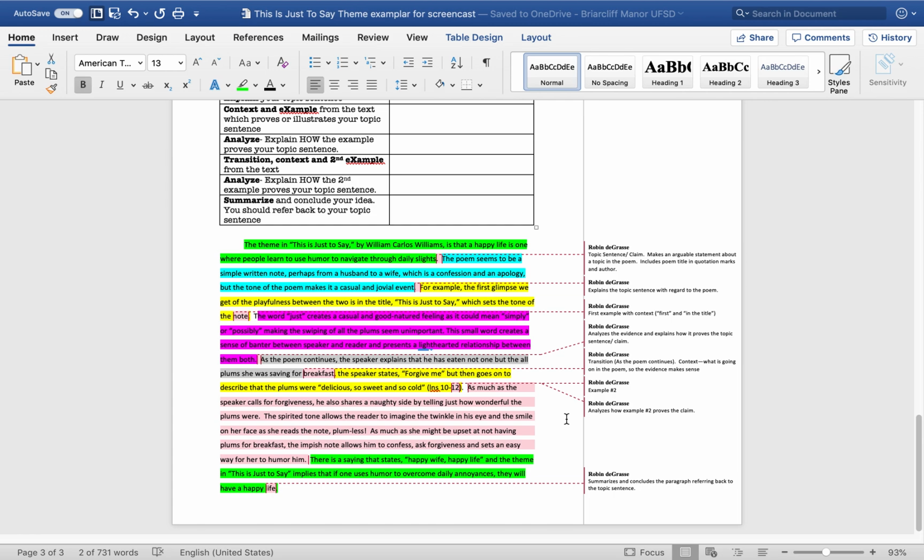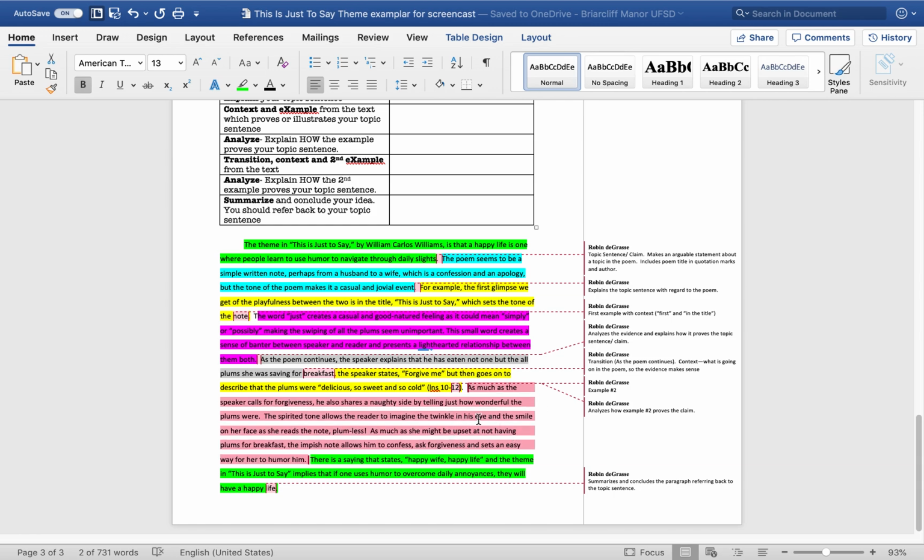The spirited tone allows the reader to imagine the twinkle in his eye and the smile on her face as she reads the note, plumless. As much as she might be upset at not having plums for breakfast, the impish note allows him to confess, ask for forgiveness, and sets an easy way for her to humor him.